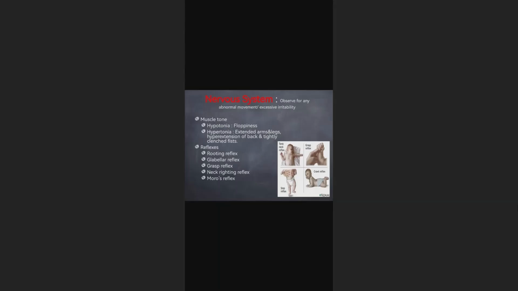For the nervous system, you have to observe for any abnormal movement or excessive irritability. Sometimes in neonates or infants, fussy crying is one of the manifestations, and later on you will find out that there are neurologic abnormalities.